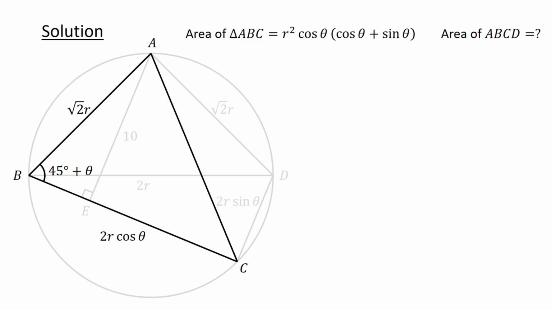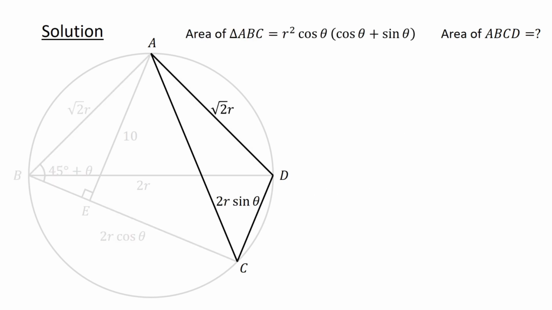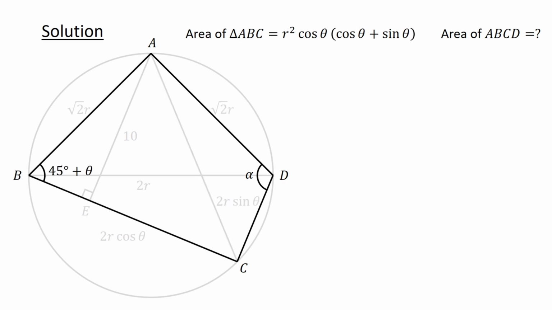Next, let's calculate the area of triangle ACD. Again, we know the sides, namely DA and CD. So all we need is the included angle, which is angle CDA. Let's denote it as alpha. To calculate alpha, consider the quadrilateral ABCD.